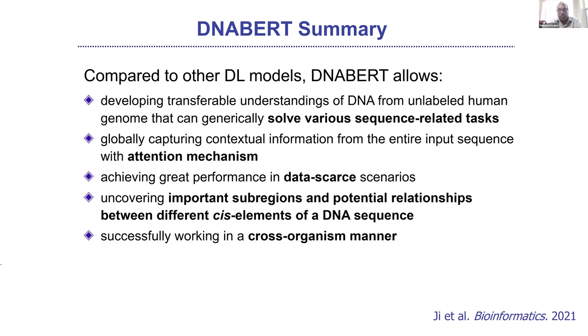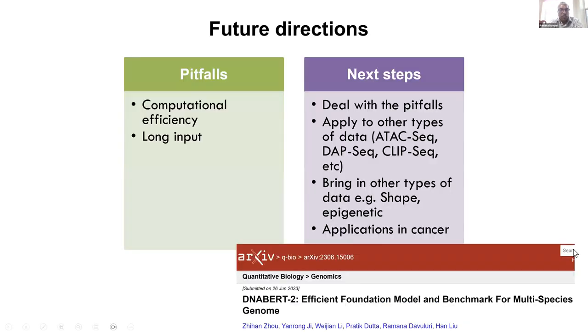It can also be adapted to closely related organisms like mouse and monkey genomes. We don't need to pre-train, because pre-training is a very tedious job, and the pre-training step itself takes at least 20 to 30 days, depending on what kind of GPU cluster you have. So for future directions, it is very slow.